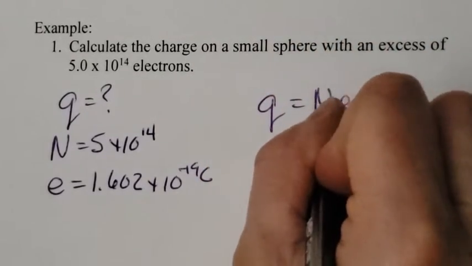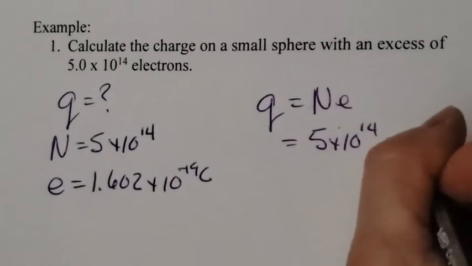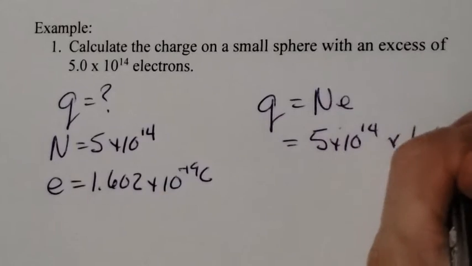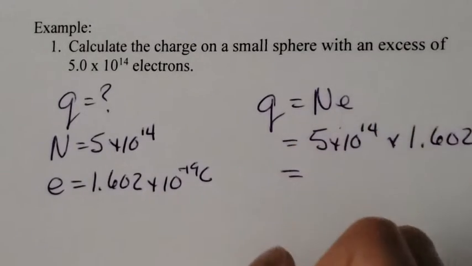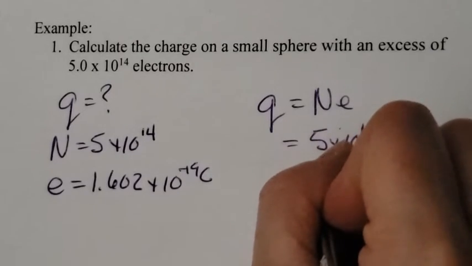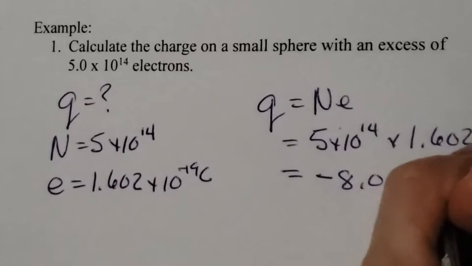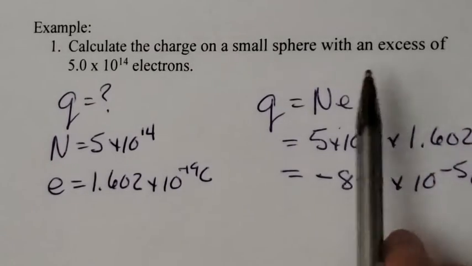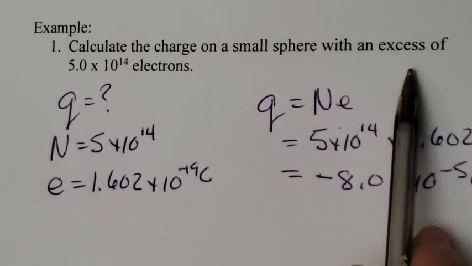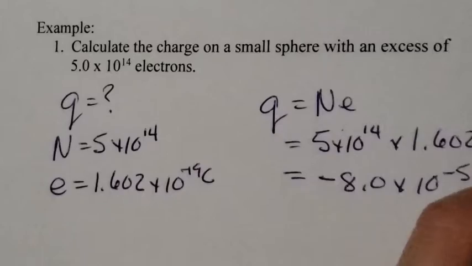So it's number of electrons, 5 times 10 to the 14, times the charge on one electron, 1.602 times 10 to the negative 19. And when I put that into my calculator, I end up with negative 8.0 times 10 to the negative 5 coulombs. It's negative because I've added electrons. If I had lost electrons, my answer would have been positive.